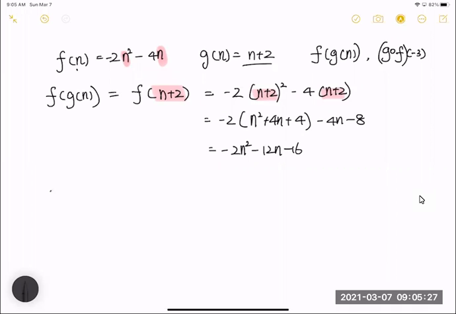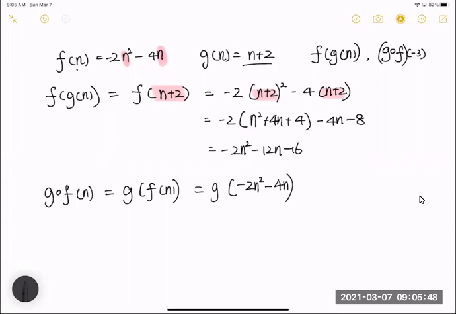So what about the other way? G composed with f at n. This is equivalent to g of f of n. So f of n equals what? F of n equals negative 2n squared minus 4n. Okay. And then g of n equals what? It is equal to n plus 2.